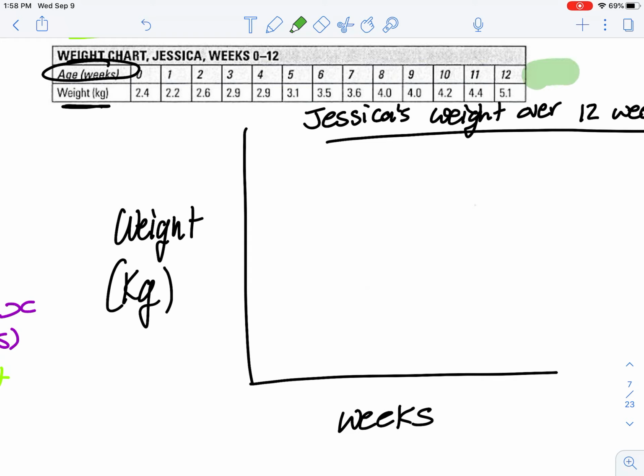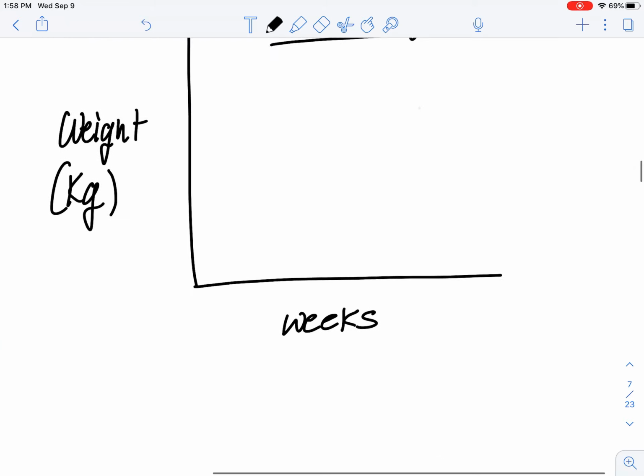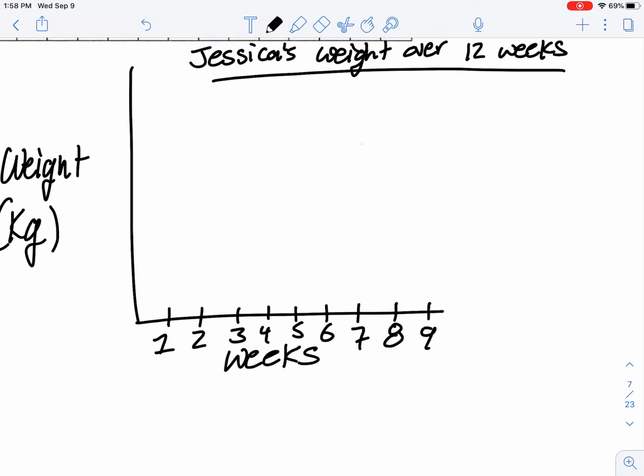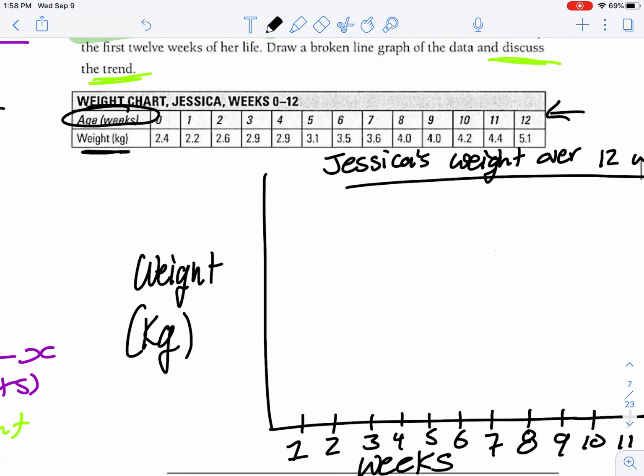Well, we're dealing with 12. Since we're dealing with 12 weeks, we need 12 increments here. So I'm just going to go up by ones. 1, 2, 3, 4, 5, 6, 7, 8, 9, 10, 11, 12. And recognize they're as evenly spaced as I could make them.